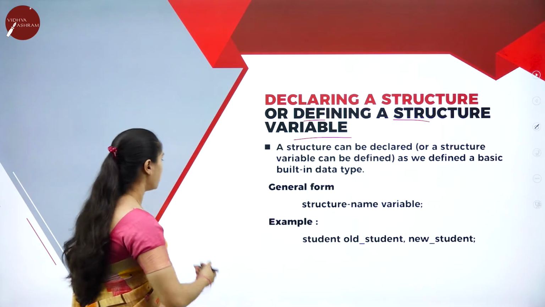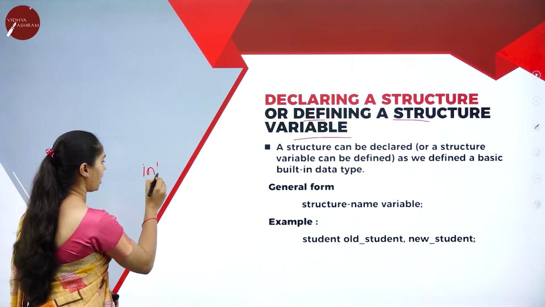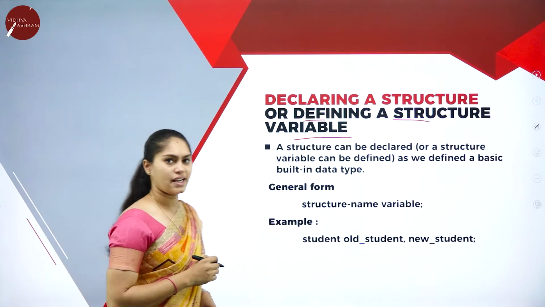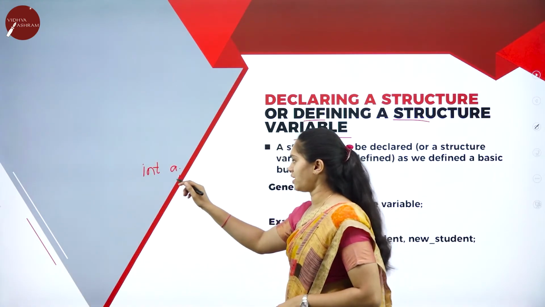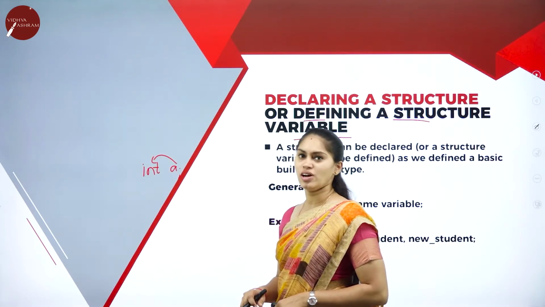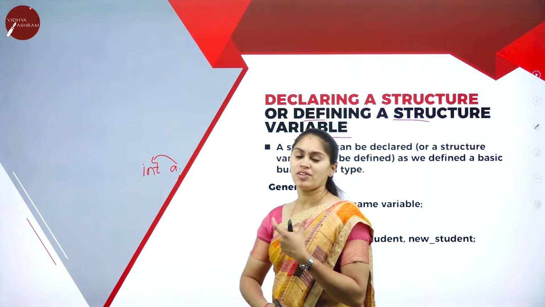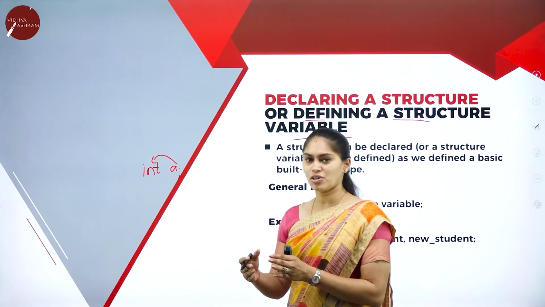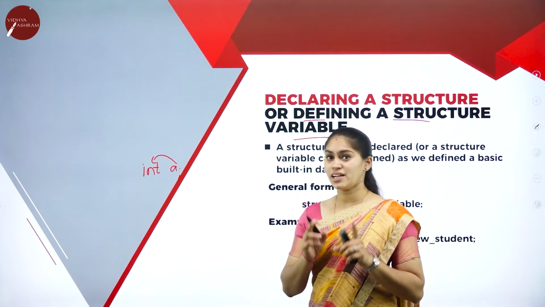If you consider int a, what does it indicate? a is the name of a variable which is of the data type integer. So, here also I am just going to take the name of a structure. Already we know that a structure is a user defined data type.